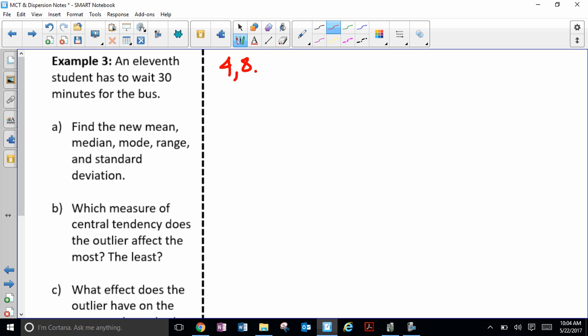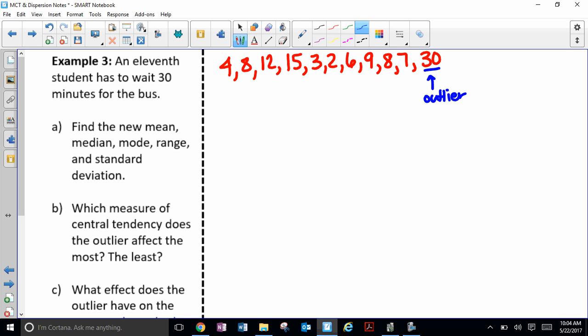We had the 4, the 8, 12, 15, 3, 2, 6, 9, 8, 7, and then we add an 11th student who had to wait 30 minutes. So 30 is much further from these other ones. So 30 is the outlier of this data, because it's much greater than the rest of the values.